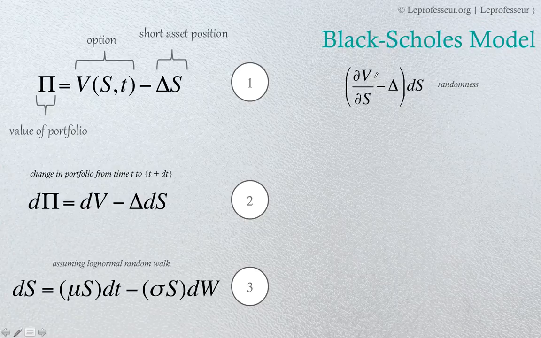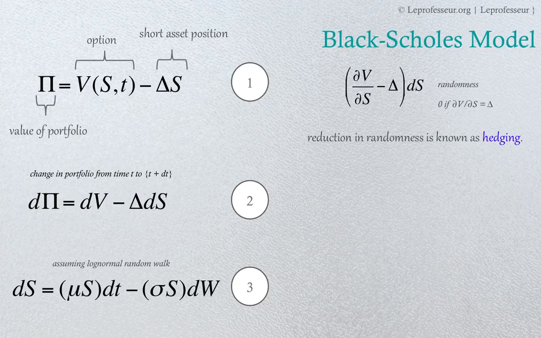Now think about how we can reduce this randomness. If we say that delta equals delta V over delta S, then the whole randomness term becomes 0. In other words, we call that delta hedging.